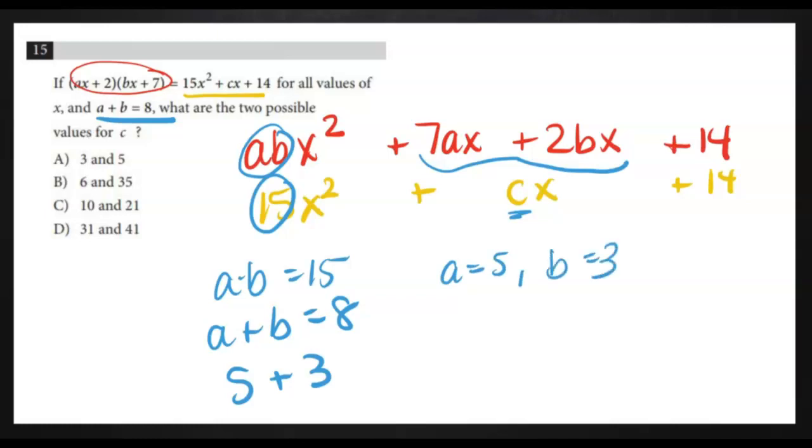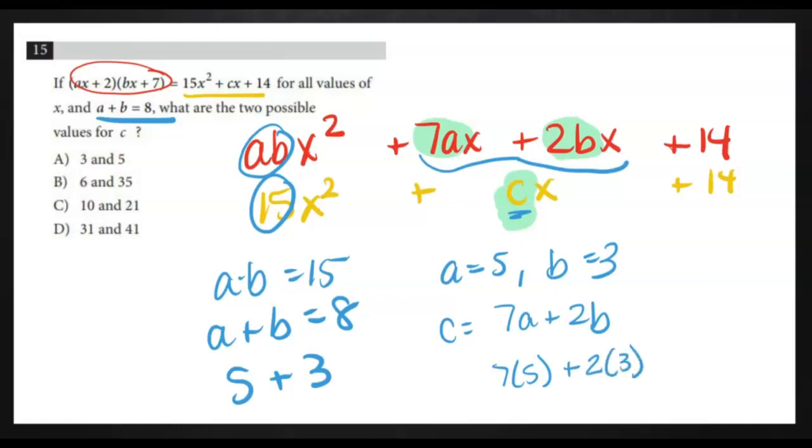Now, let's go ahead and put those values in for the 7ax and then the 2bx, so we can see if it actually equals that c. So now c has to equal 7a and 2b together to get my cx. So 7 times 5, and then plus 2 times 3.